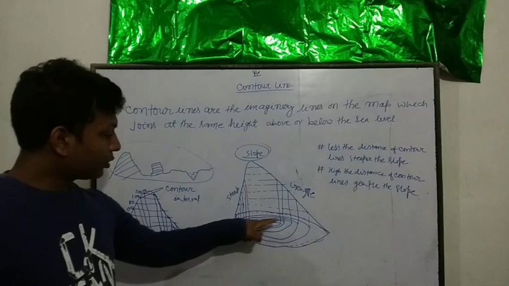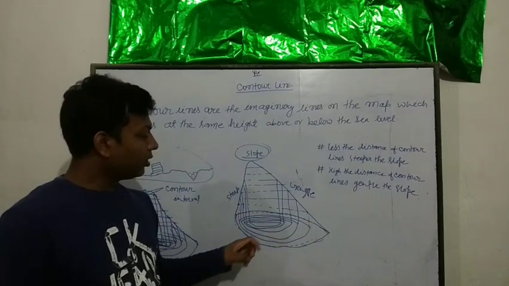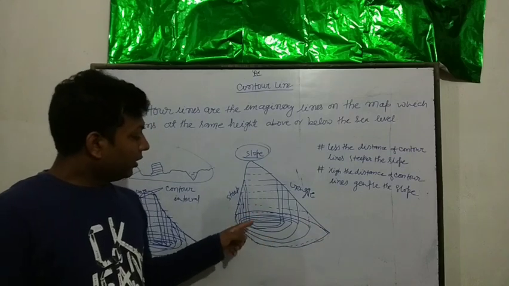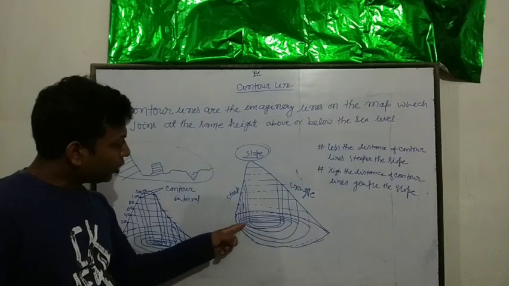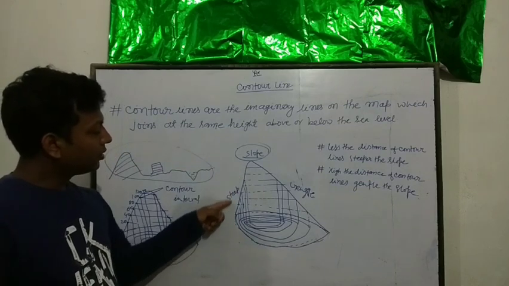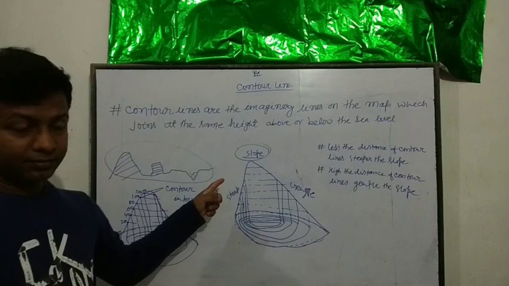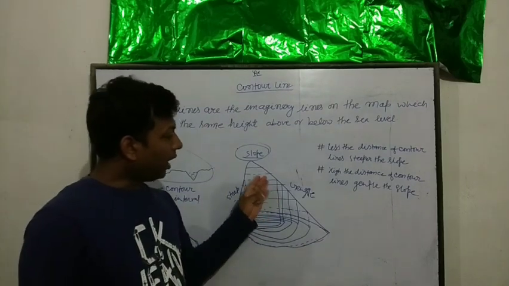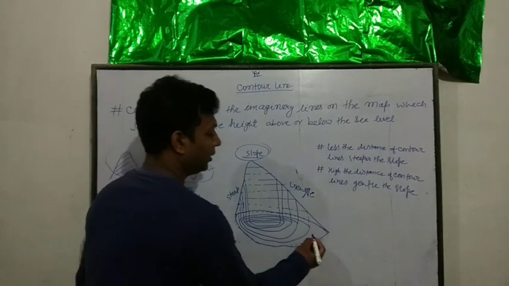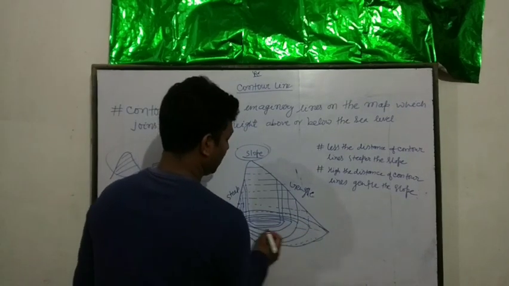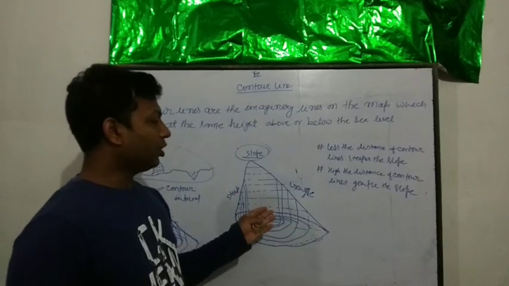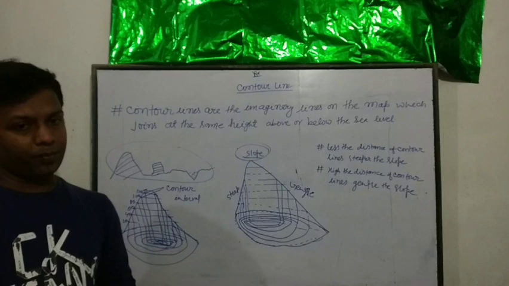In these contour lines, one thing you should observe here: the lesser the distance between two contour lines, the steeper the slope, and the higher the distance between the contour lines, the gentler the slope.